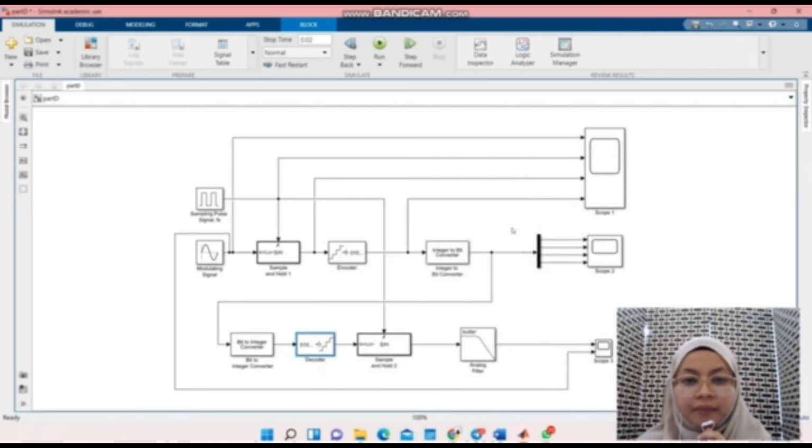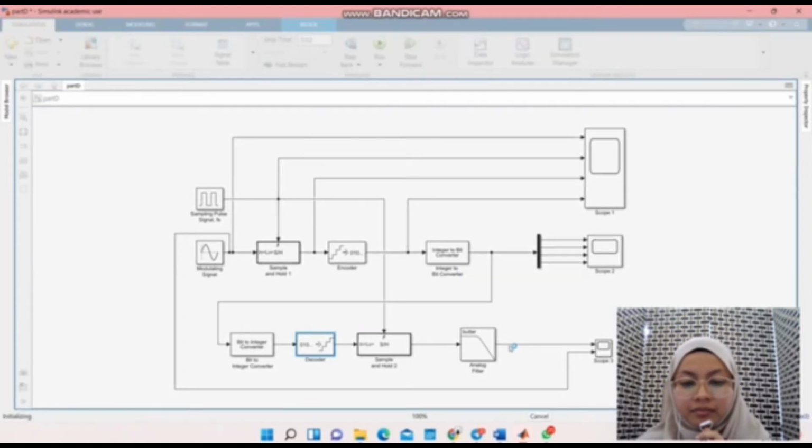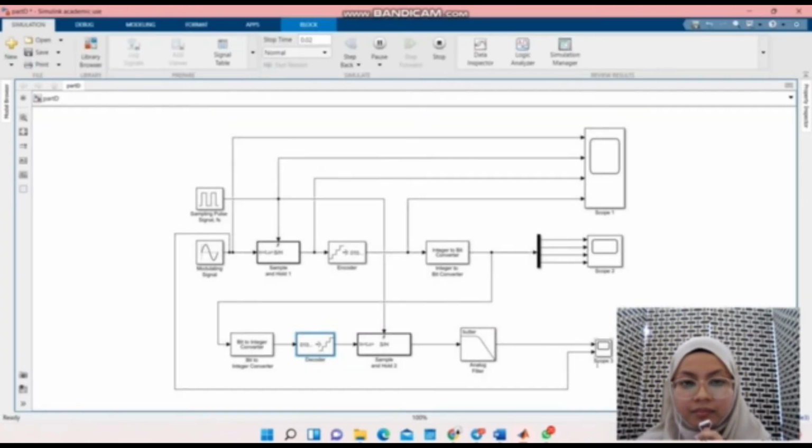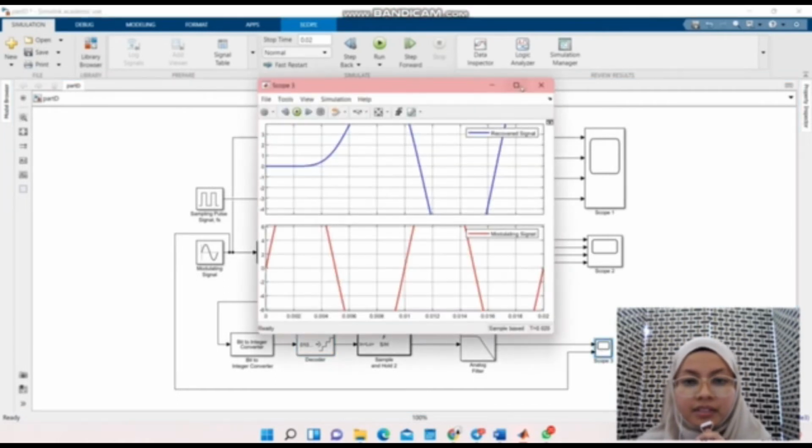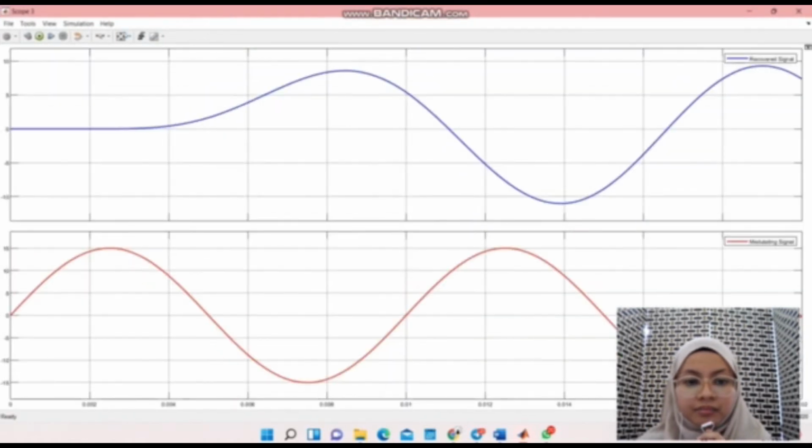Now we're going to run the circuit and see what happens to the recovered message. This is the modulating signal. The red color is the modulating signal, which is 15, and this is the recovered signal, whose value is almost 8.